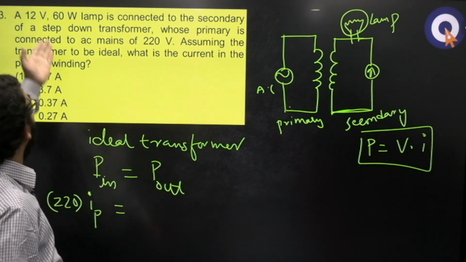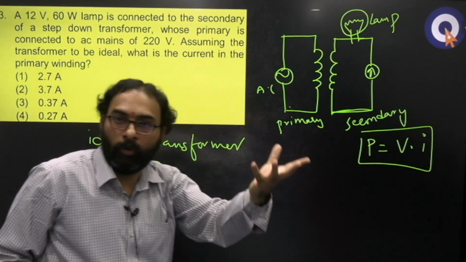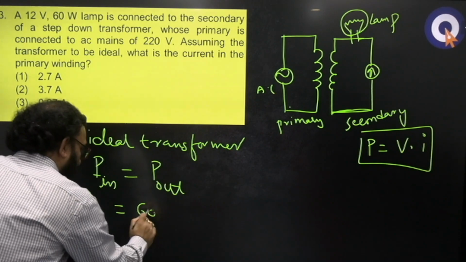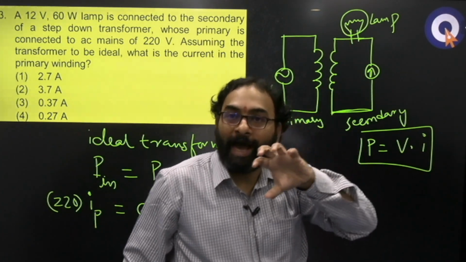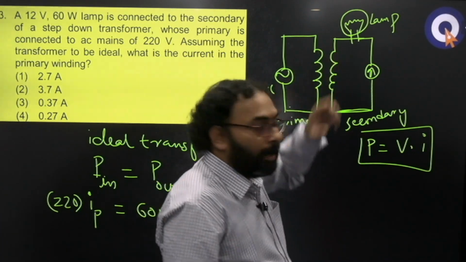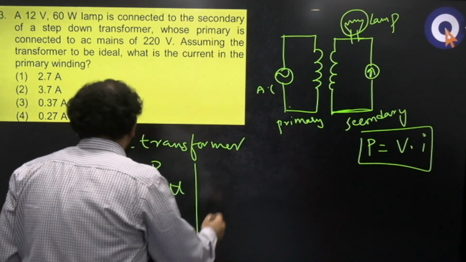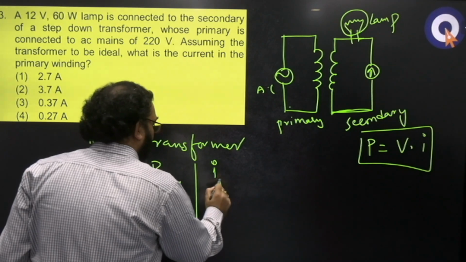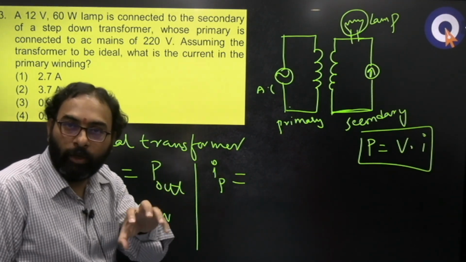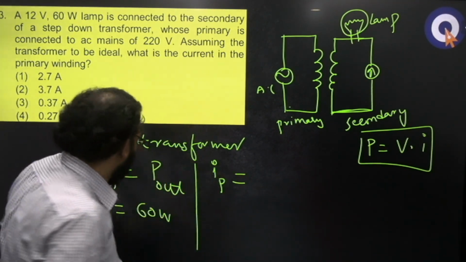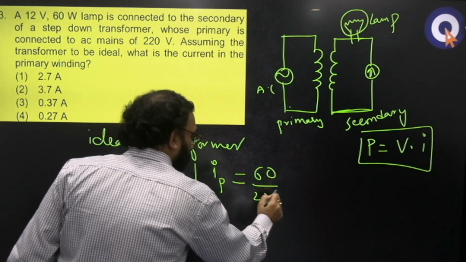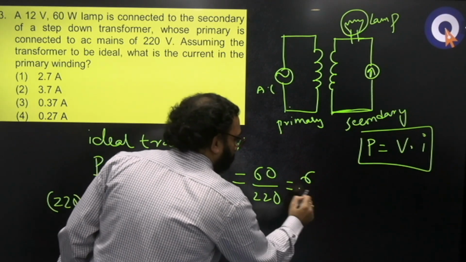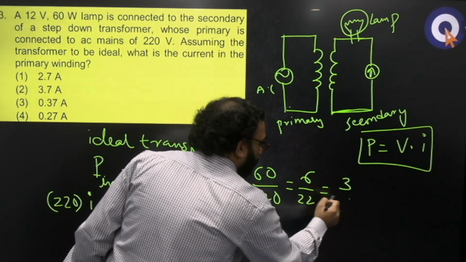Output power they gave, 60 watts lamp has to be glown. So output power is 60 watts. Clearly it is mentioned that the output has to be 60 watts so that the lamp will glow. So primary current is supposed to be calculated, IP we have to find out. So IP equal to 60 by 220, that is 6 by 22, that is 3 by 11.